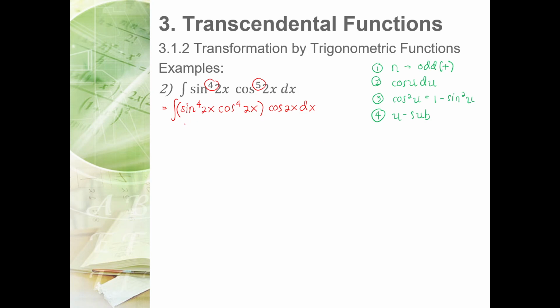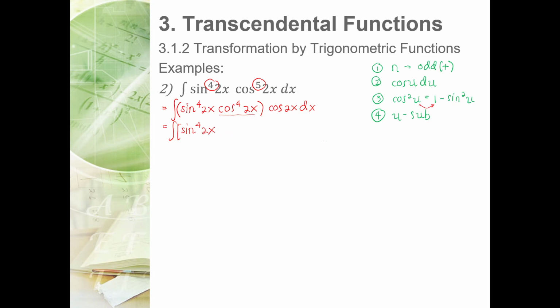So next is we replace or we substitute your cosine u squared with 1 minus sine u squared. Looking at your cosine term, since this one is to the power of 4, of course we double the sub process, diba? So para mas madali ta, sine to the power of 4 2x.